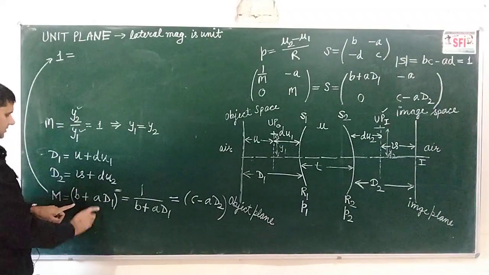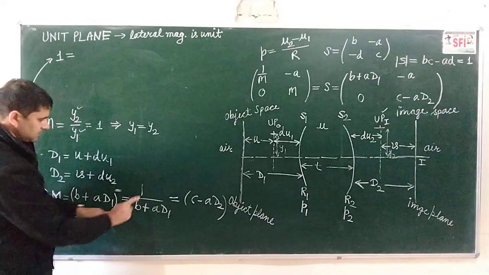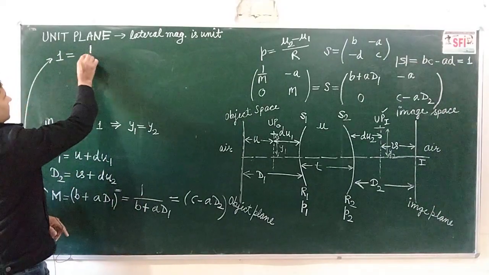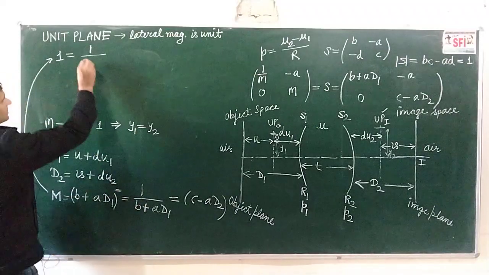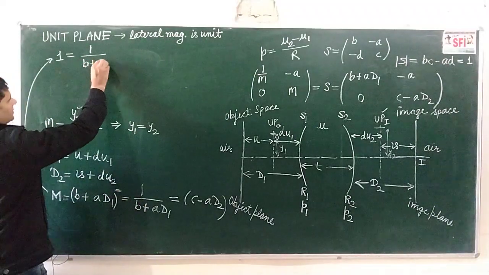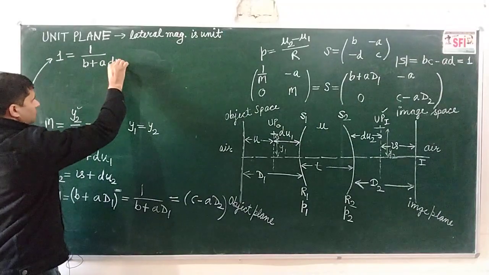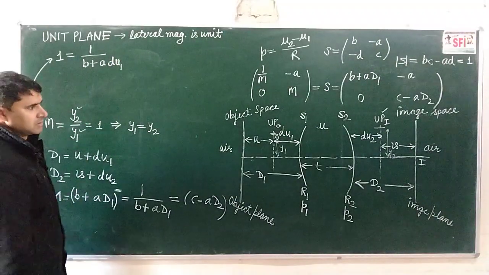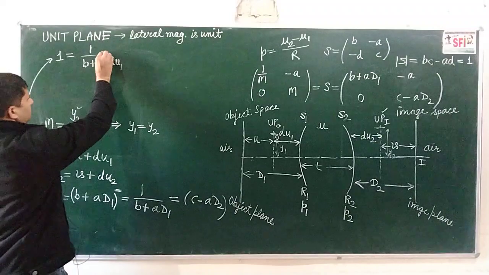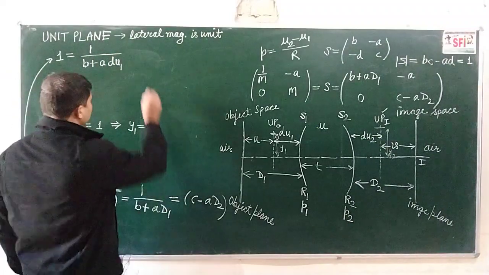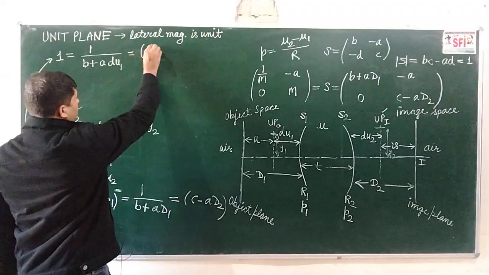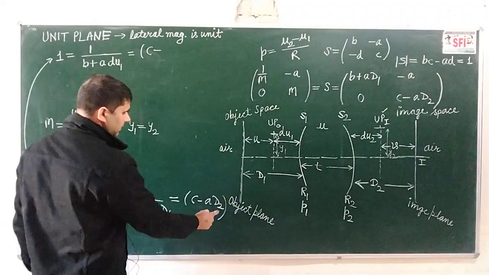Then this relation will reduce to 1 by b plus a, and in place of d1 you will write the distance of the unit plane du1 from the first refracting surface. Okay, and then you have c minus a d2.